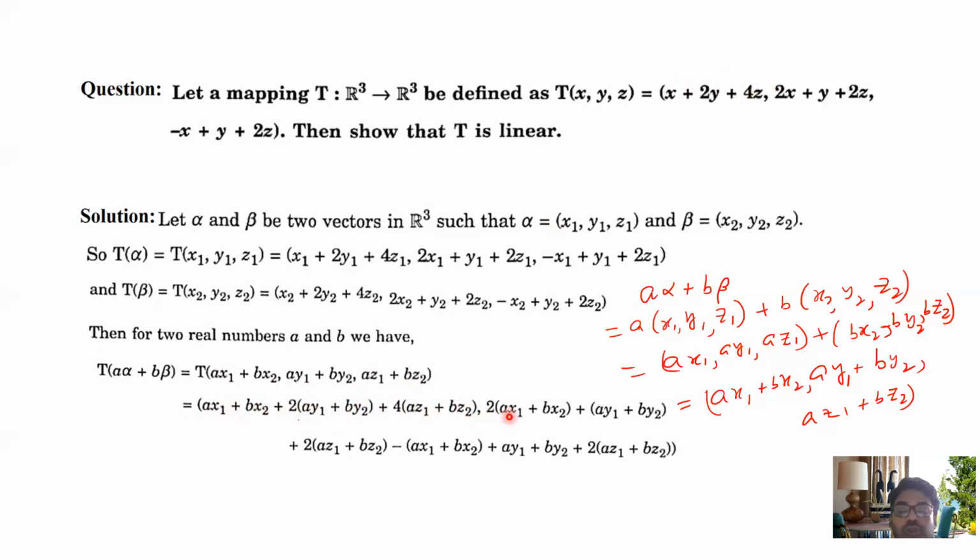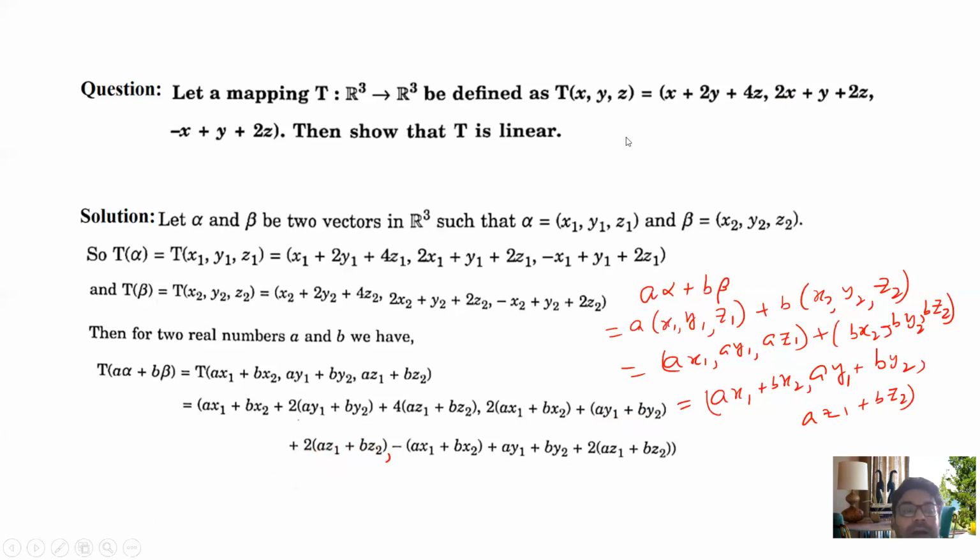Then 2 times (a x1 plus b x2) plus (a y1 plus b y2) plus 2 times (a z1 plus b z2). One comma is missing here, so I should write a comma.